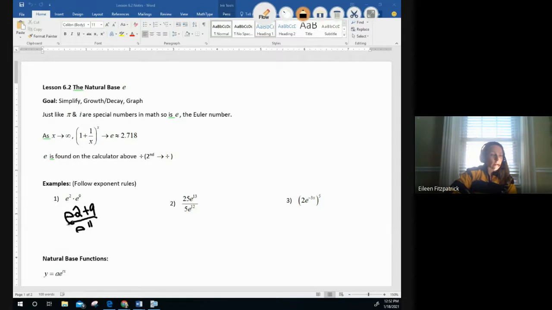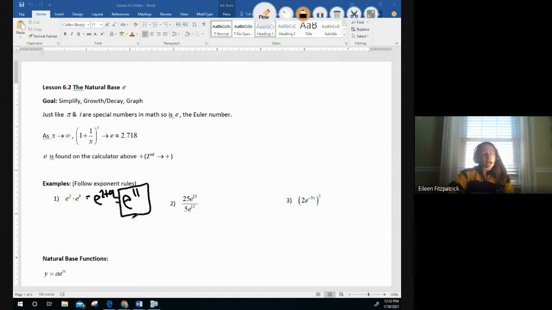I don't know why it's not letting me write anywhere lower than this right here. It's kind of odd. Okay, so E to the 11th. I'm going to write it out horizontally. E to the 2 plus 9 and E to the 11th.